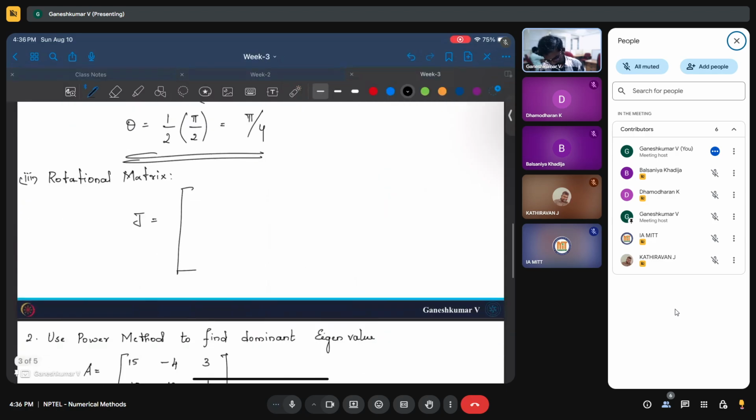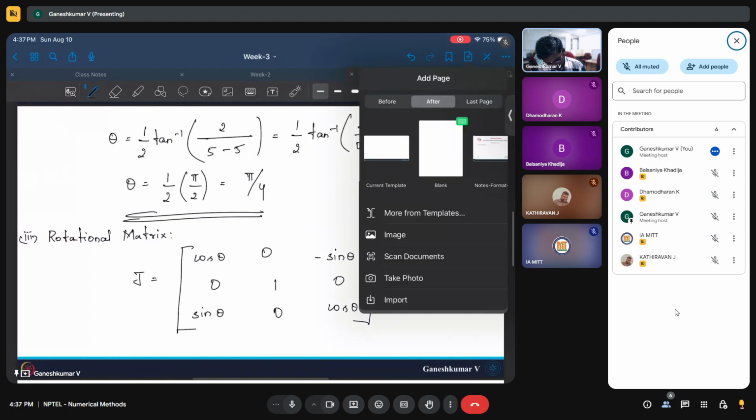All right. So as I said, it's going to be cos theta and minus sine theta at 1 3, and at 3 1 it is again sine theta, and this is cos theta. So once you put this, the diagonal elements will be 1 and all the off diagonal elements will be 0. That is how you fill this matrix.